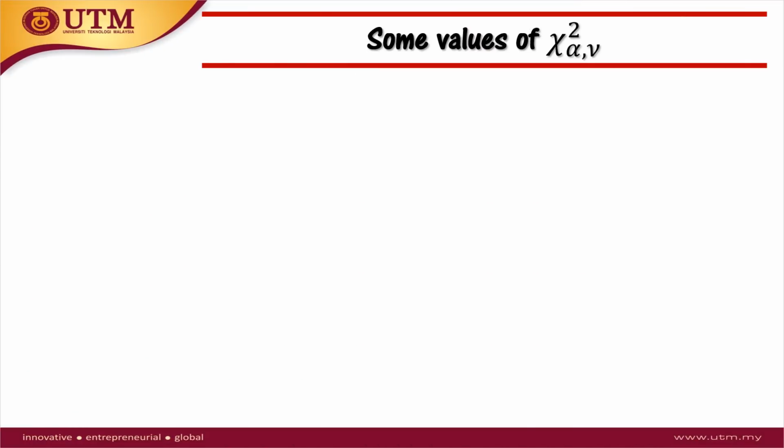Before we look further at a number of examples on constructing the confidence interval for sigma squared and sigma, let us be familiar first with the table of chi squared alpha nu values. Please refer to Table 6, pages 36 and 37 in the statistical table booklet. First, how do you find the value of chi squared 0.05, 10?